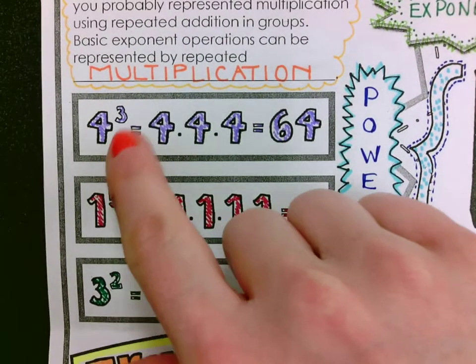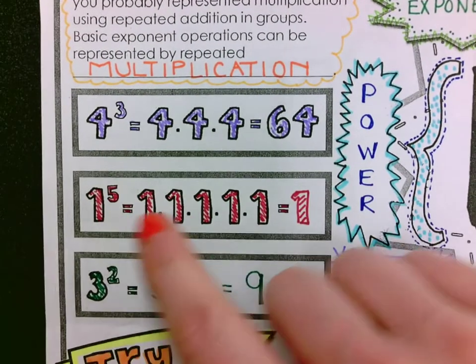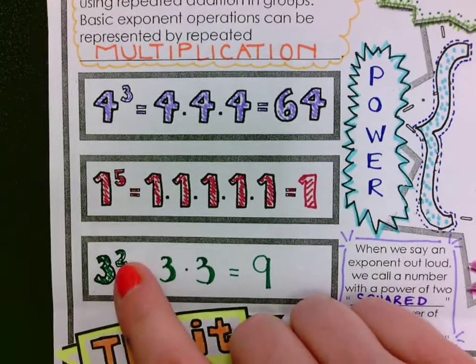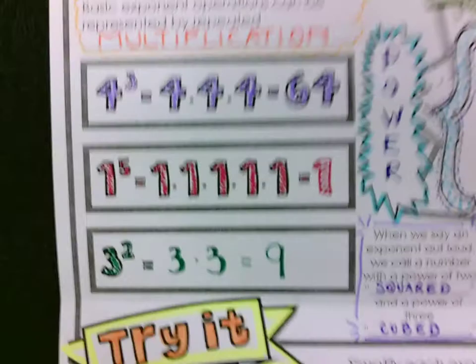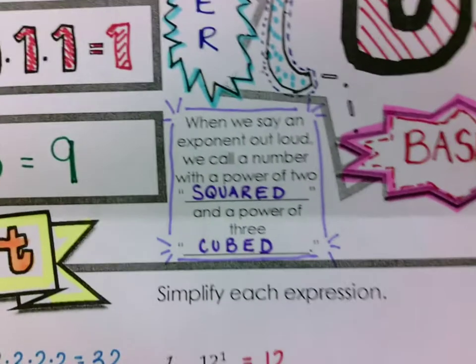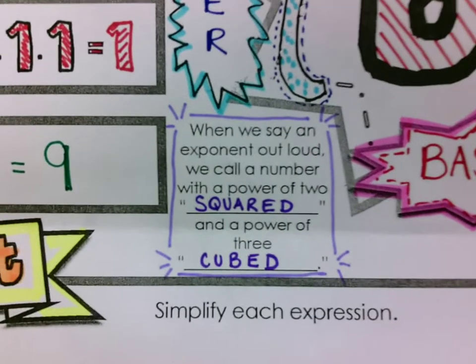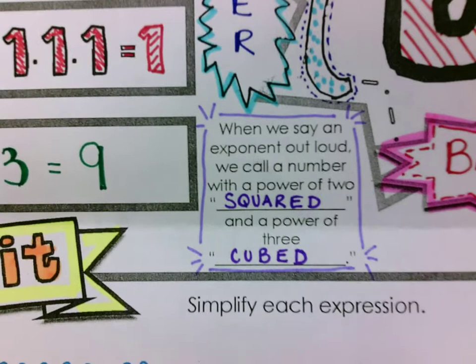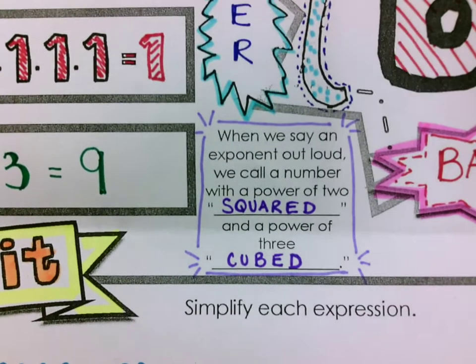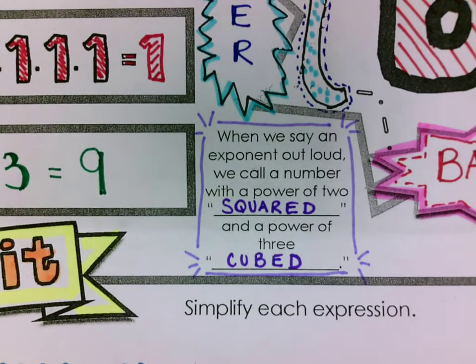Like 4 was multiplied by itself 3 times, and 1 was multiplied by itself 5 times, and 3 was multiplied by itself twice. If you look in the middle here, it says when we say an exponent out loud, we call a number with a power of 2 squared and a power of 3 cubed. We'll talk about why that is later in our class, but that's terminology we've already been using.